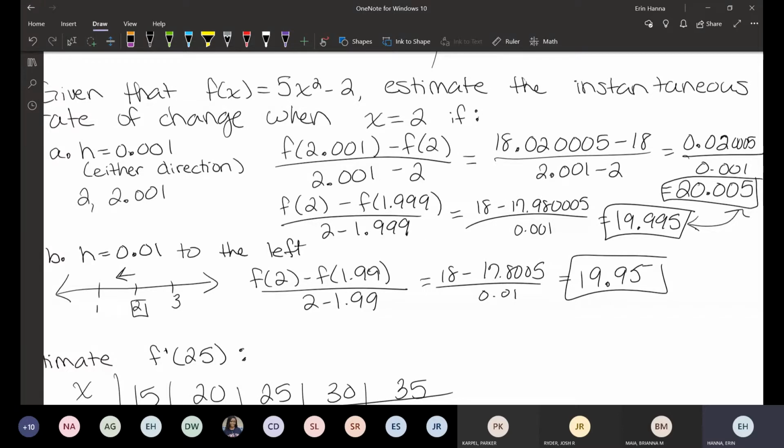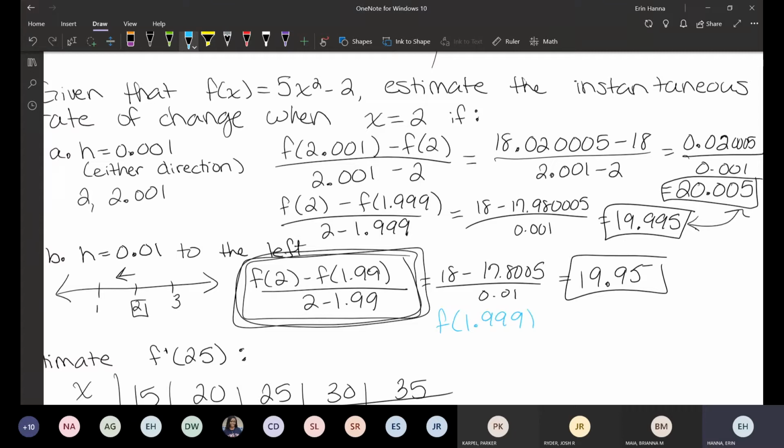Doesn't matter what side the f of 2 is on when you set up the equation. Brianna, look at this one again. If I did f of 1.999 minus f of 2 over 1.999 minus 2, the only thing is that you have to keep the 1.999s together.